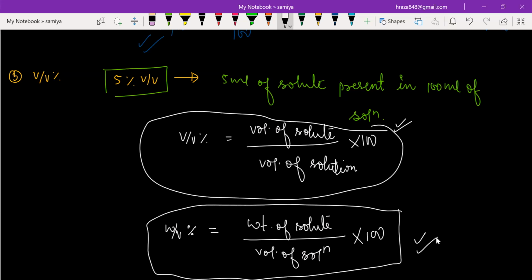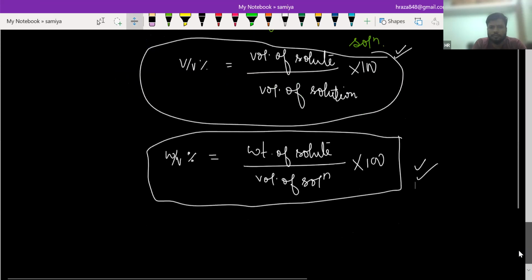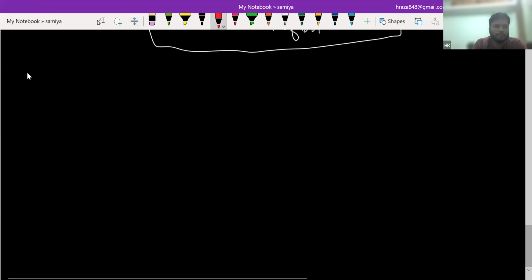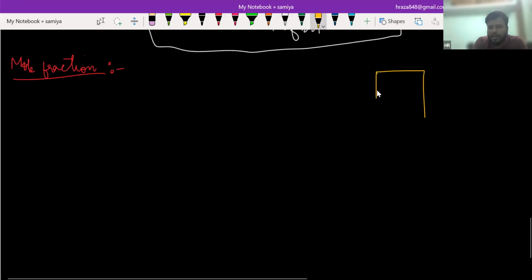Done, sir. Very good. Now see, mole fraction. What is mole fraction? Basically, there is a container in which I am taking only two components, A and B. It is a solution.